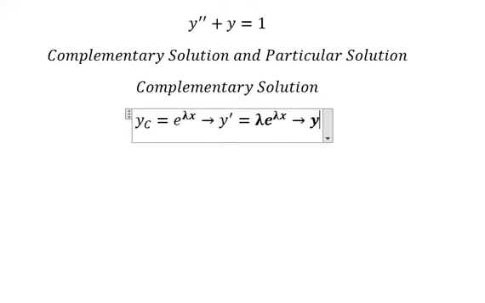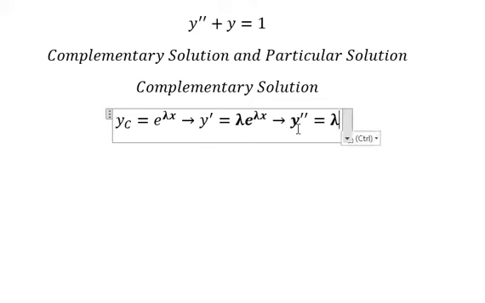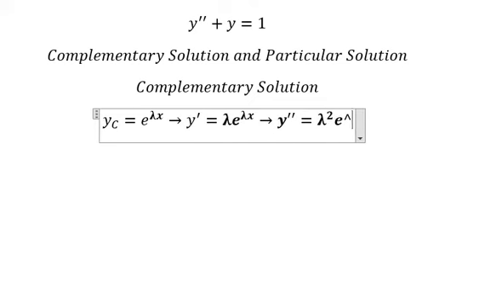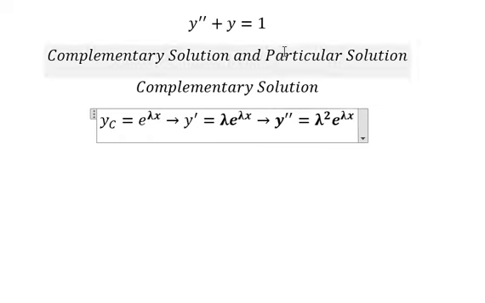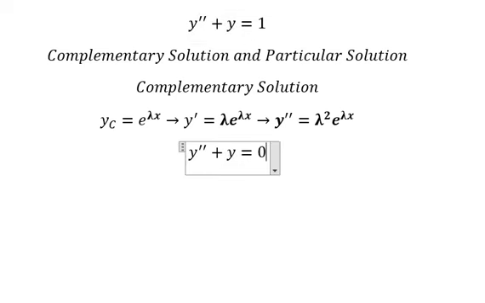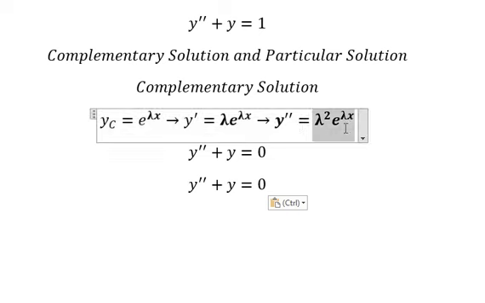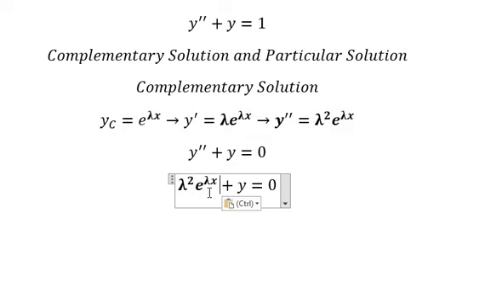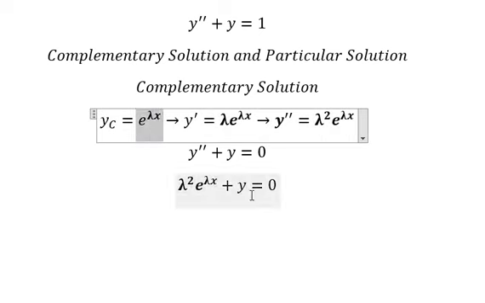And now we do the second derivative, you get lambda squared e to the power of lambda s. Because this is the complementary solution, this one should be equal to 0. So this one we change by this one, and y we change by this one.